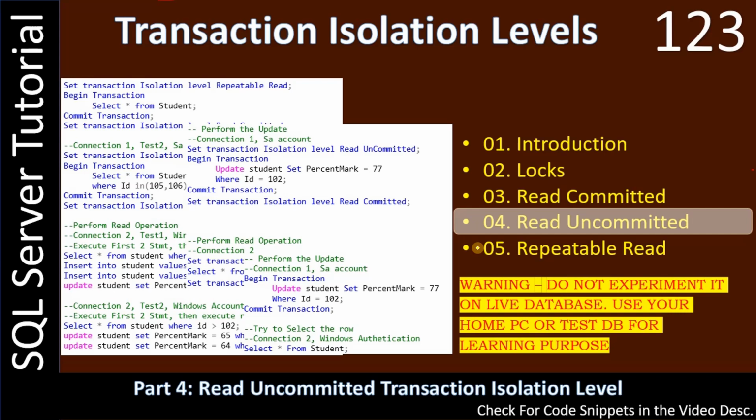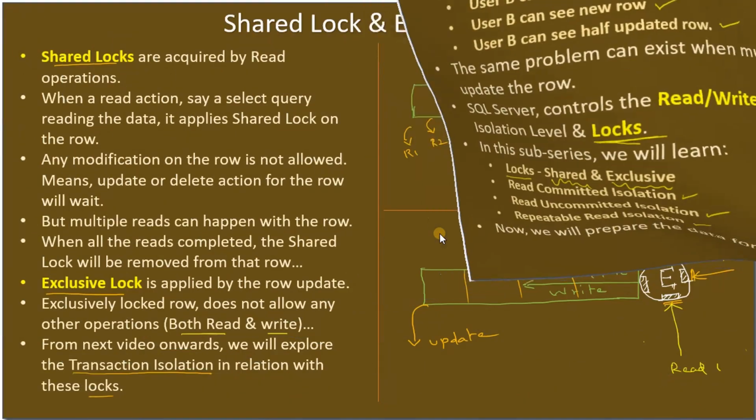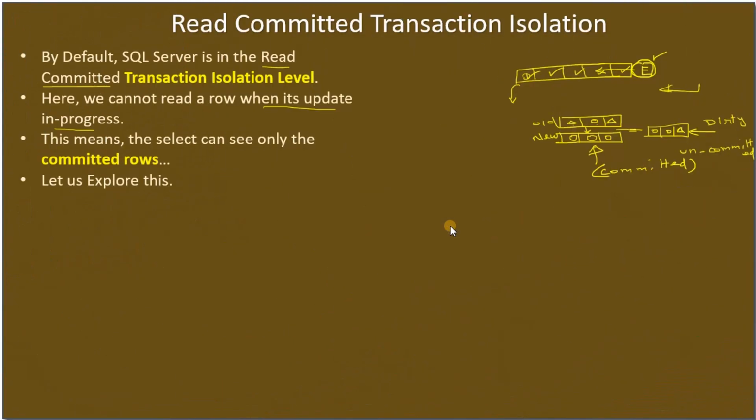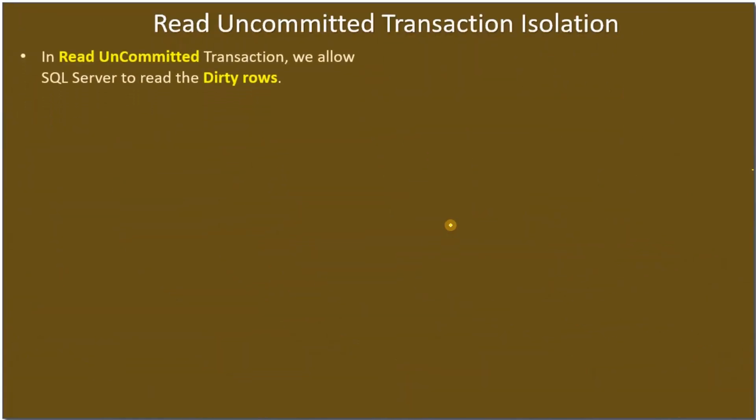In this video, we will talk about the read uncommitted transaction isolation level. In read uncommitted, we allow SQL Server to read dirty rows.